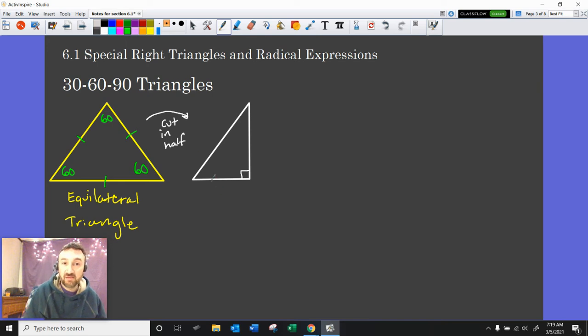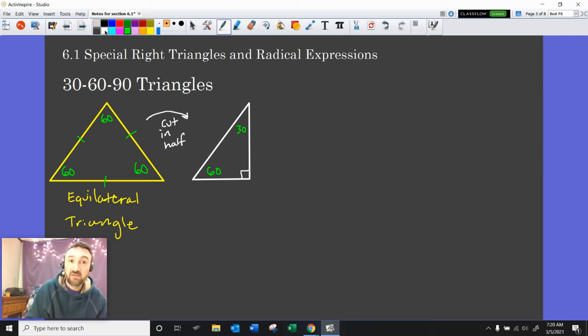The angle in the bottom left-hand corner is still going to be 60 degrees. And then the angle in the top corner is going to be half of 60 degrees, or 30 degrees. This is a good thing because we then have three angles in this triangle that add up to 180 degrees.